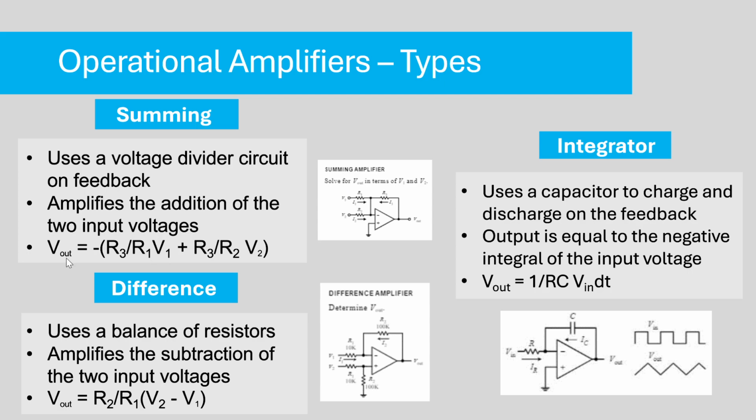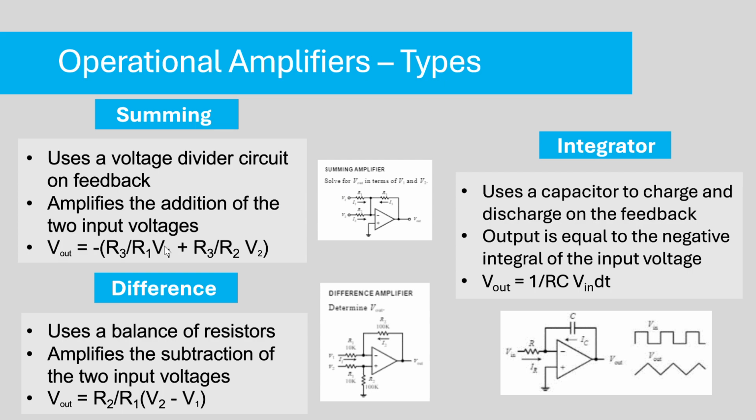We've got R3 divided by R1, where R3 is our feedback and R1 is our voltage 1 source. So we've got a voltage divider here: voltage comes in, is divided, and then comes down. That's where we get the first component.